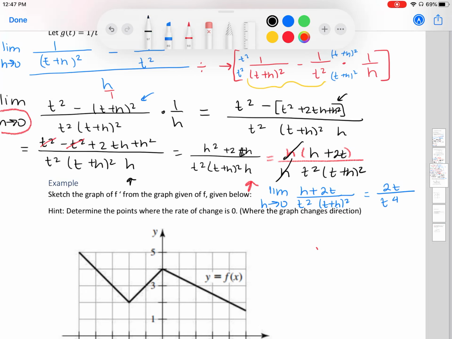And I didn't expand correctly. So I was supposed to distribute that negative to each one. So all of these are negatives. Negative, negative, negative, negative, and thus this is negative.